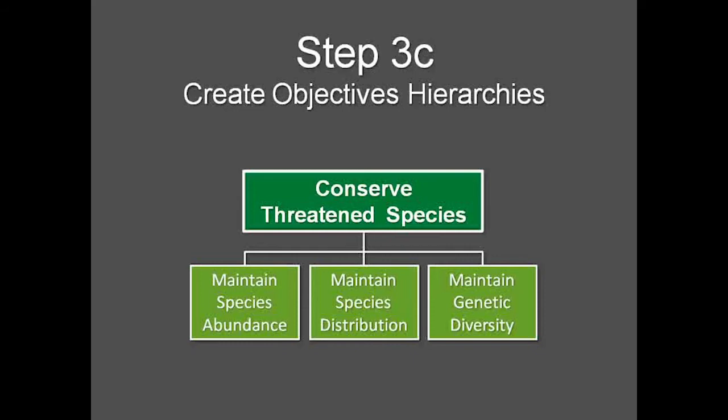And we may want to maintain genetic diversity, separate from the abundance and the distribution. So we may have these 3 components, those are all fundamentally important to us, right? But we may recognize that really those are all components of a higher order fundamental objective, which is to conserve this threatened species. And really we're defining conservation as having these 3 components of abundance, distribution, and genetic diversity. So that may help us to understand how these things are all nested.